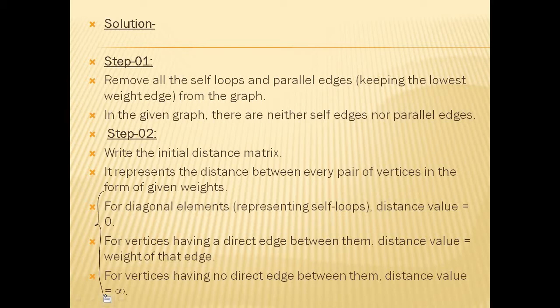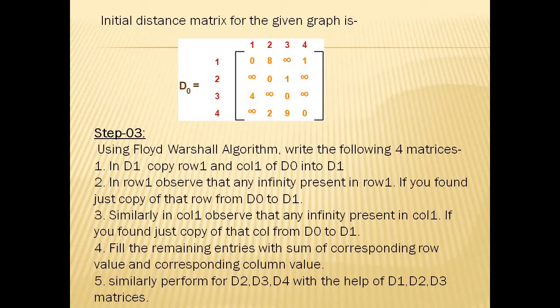For diagonal elements, representing self loops, the distance value will be 0. The vertices which have a direct edge between them, we mention whatever weight they have. And if they don't have a direct edge, then we'll make it infinity.